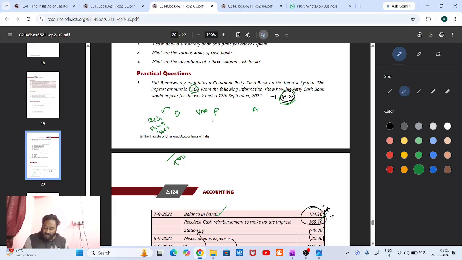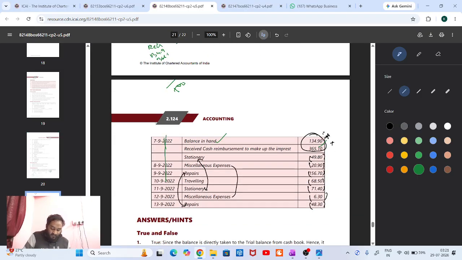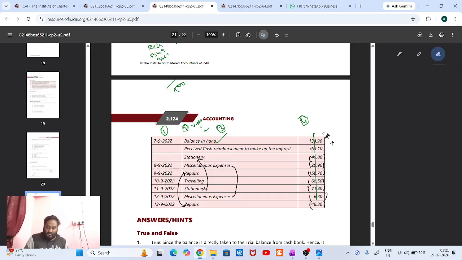Date: first of all, write all dates. Step 1. Step 2 is voucher numbers, just serial numbers. Step 3. Step 4.